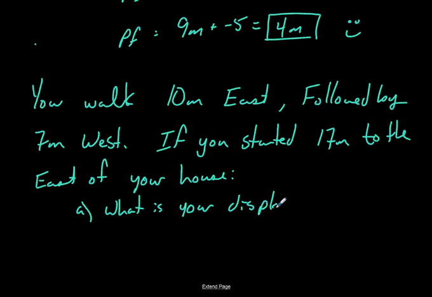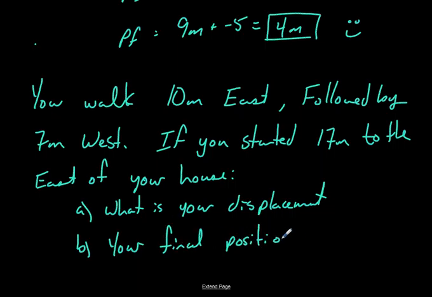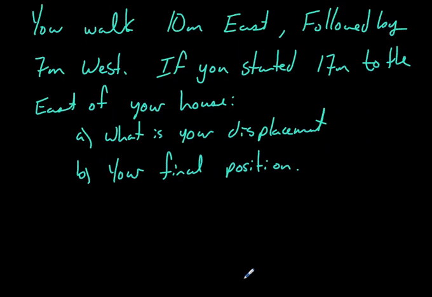So that's a measure from where you started. And B, your final position. Just something a little bit different. So let's do this one in reverse order. Let's use our math first, and then we'll draw a picture.